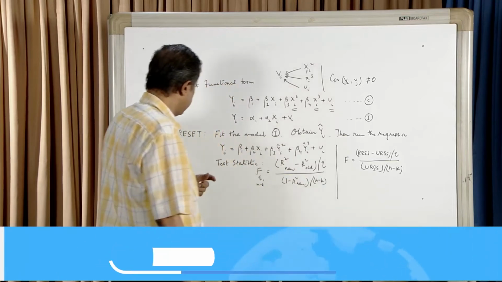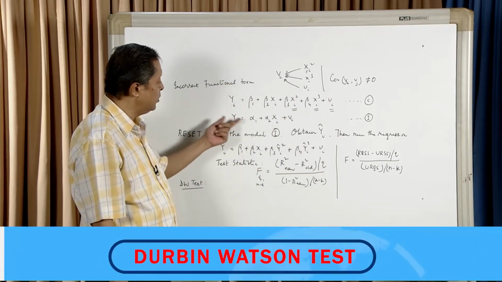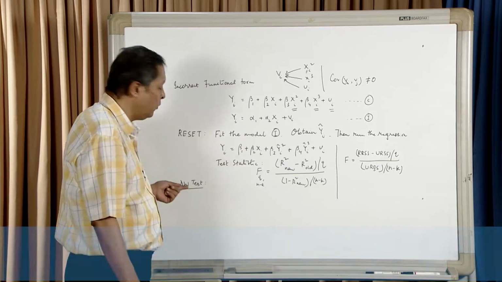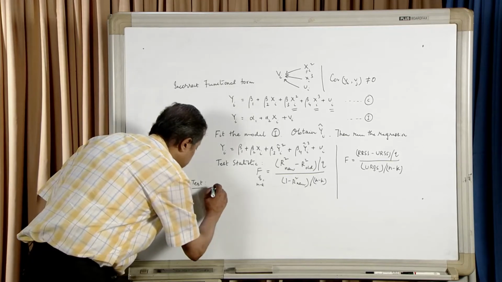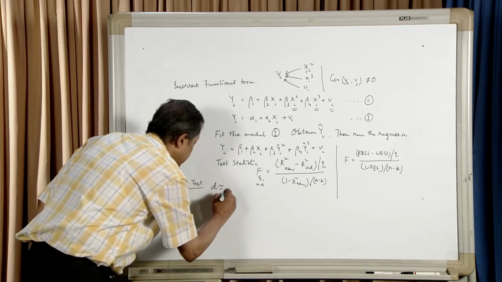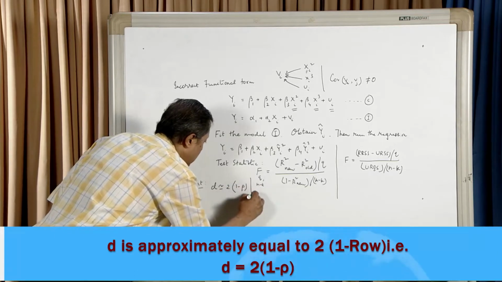So, a good test to find out whether an error has been made due to incorrect specification is to go for the Durbin-Watson test, given by the test statistic d approximately equal to 2 into 1 minus rho.